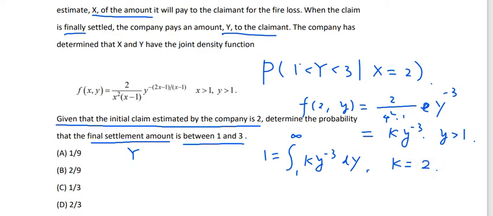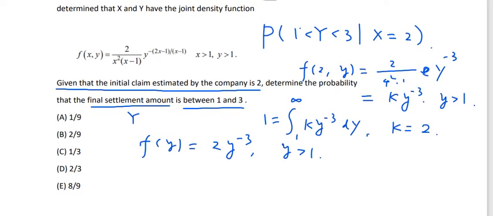So by now this problem becomes very easy, right? The density function for y is 2y to the negative 3, for y larger than 1. Then we want to find the probability that y is between 1 and 3.